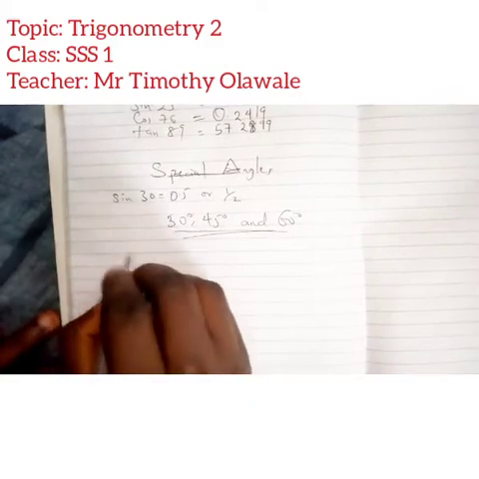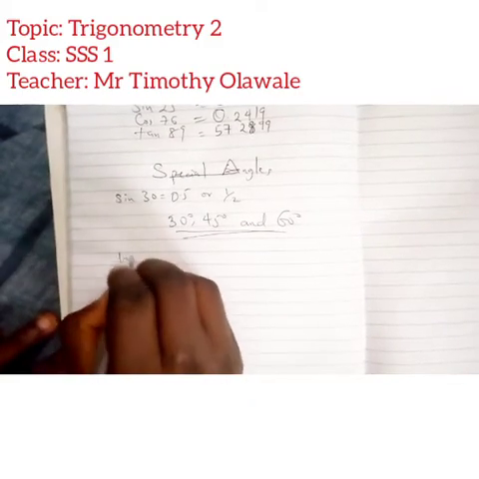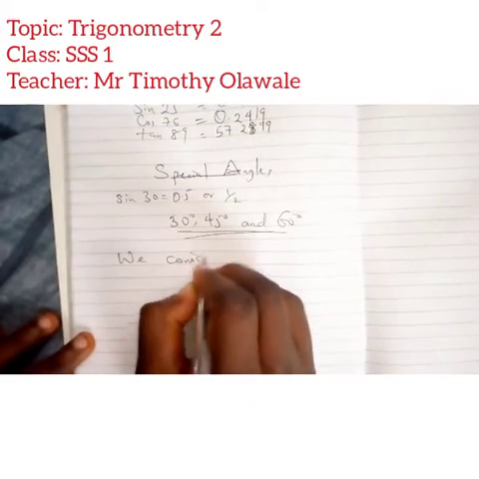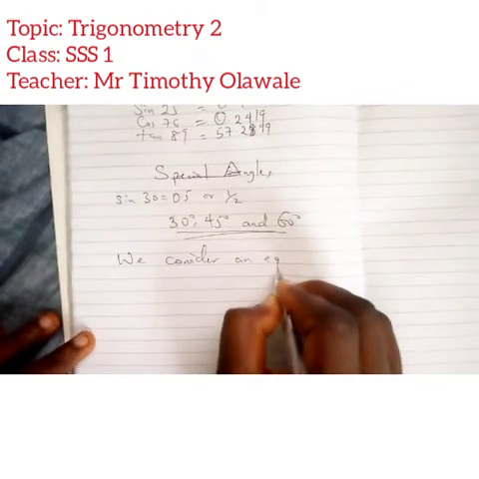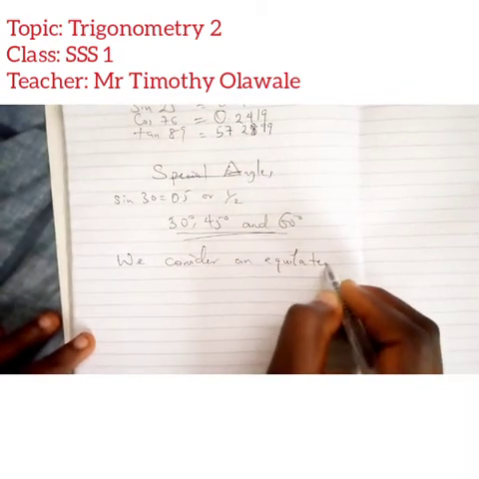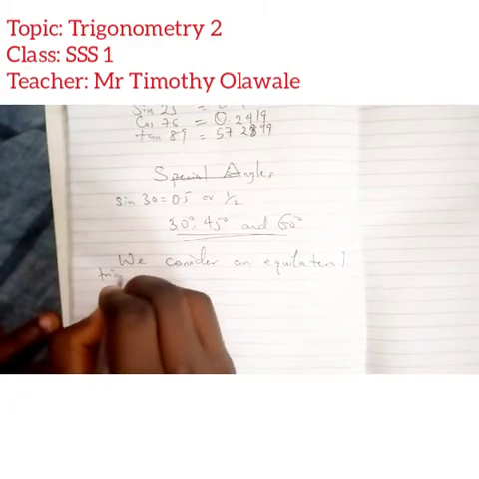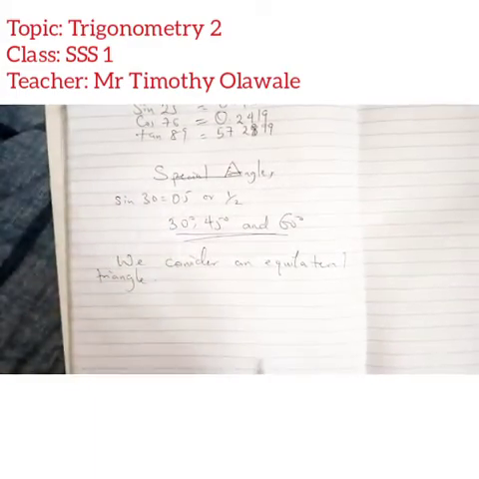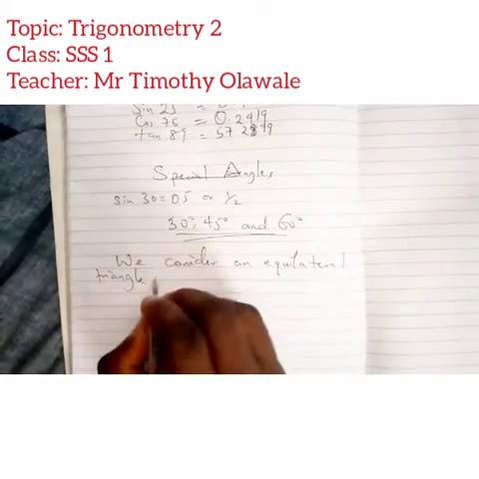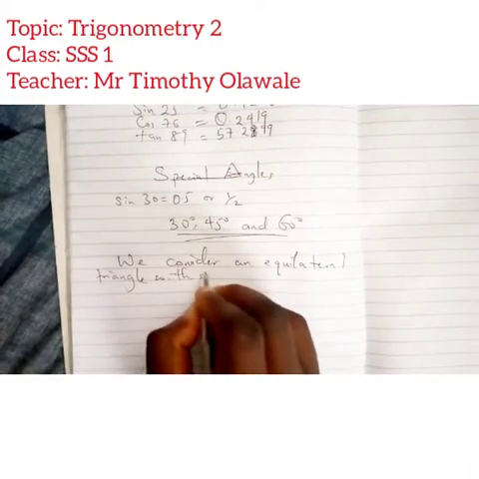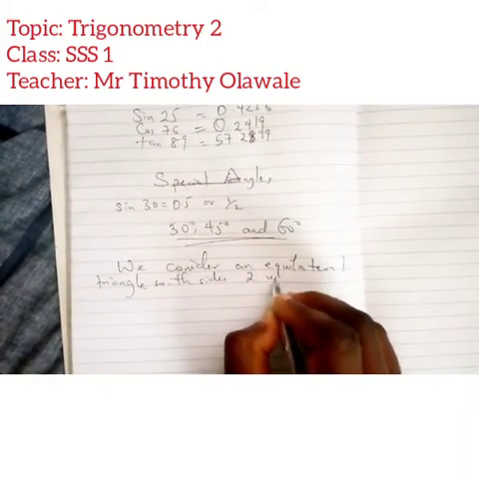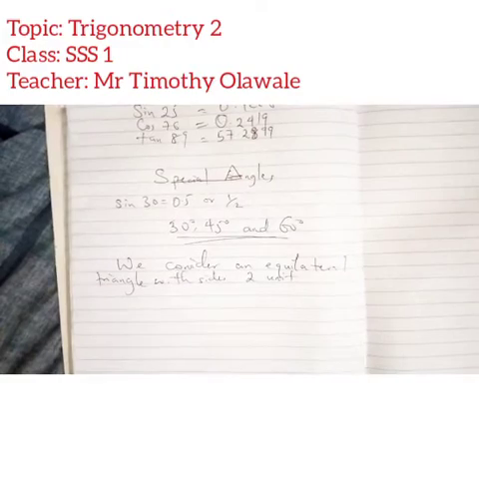So we consider an equilateral triangle. What's an equilateral triangle? It is a triangle in which all sides are equal, with sides 2 units.